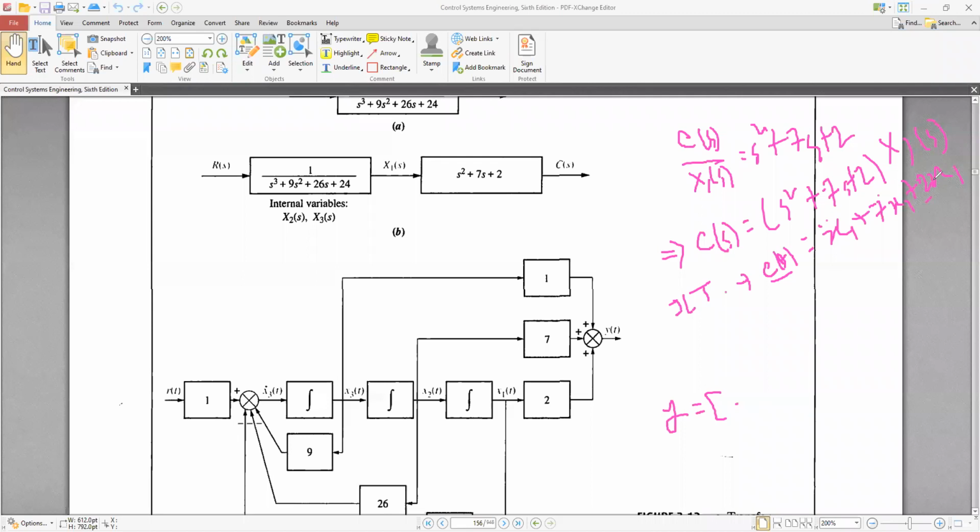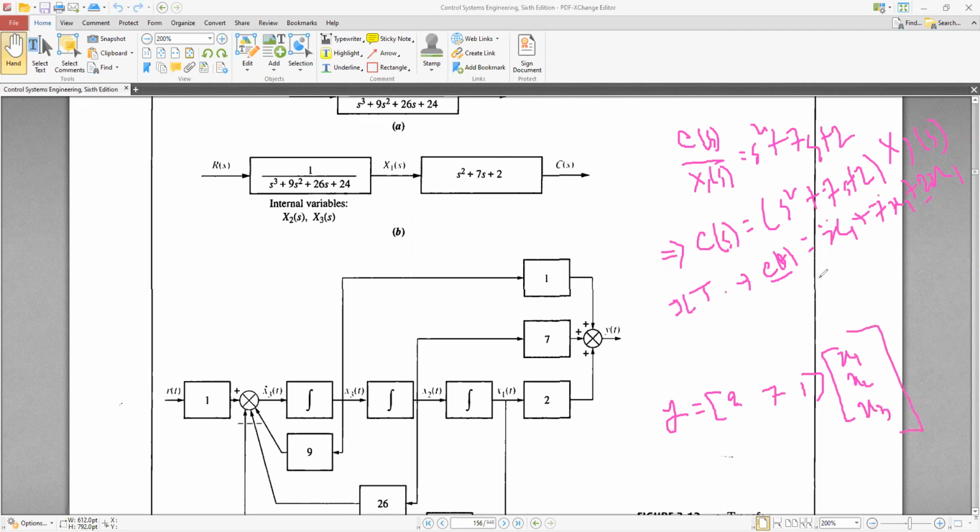Now see, x1 means what? x1 dot means x2, x1 double dot means x3. So we can write 2 7 1, and we can write like this: 2 7 1 times x1, x2, x3.